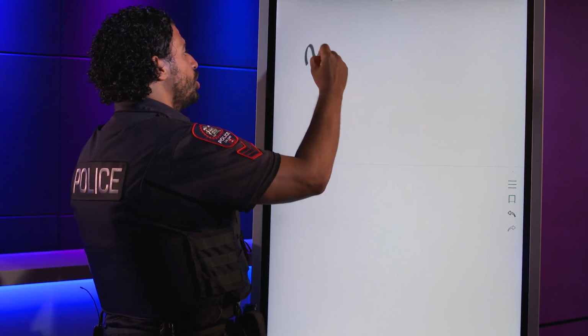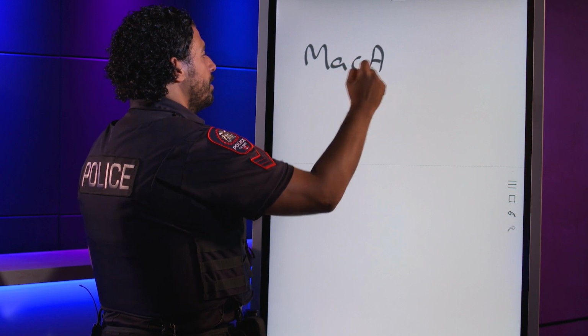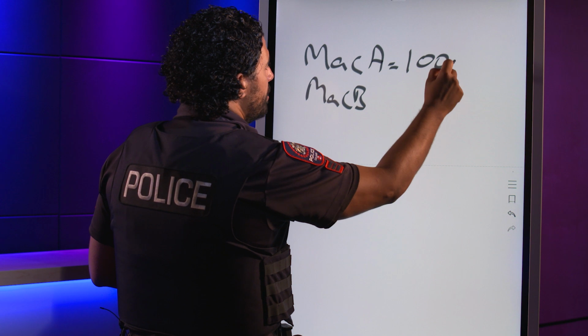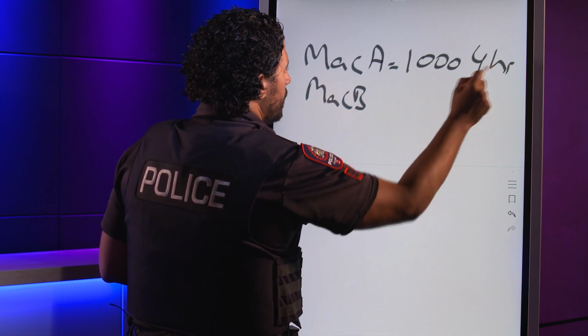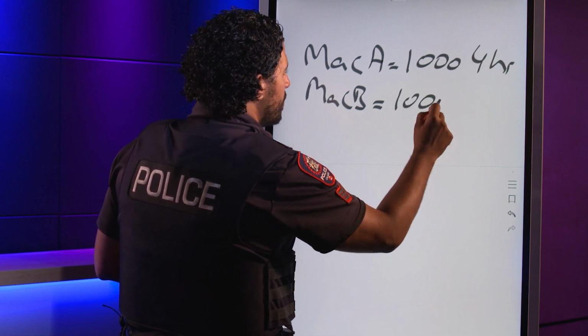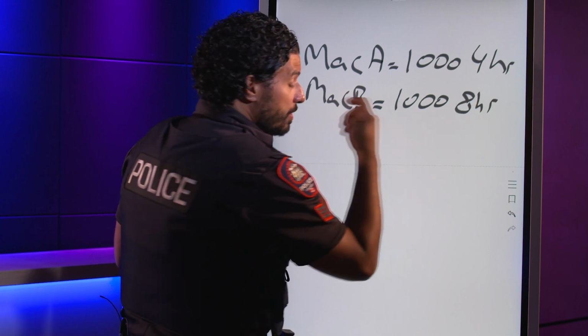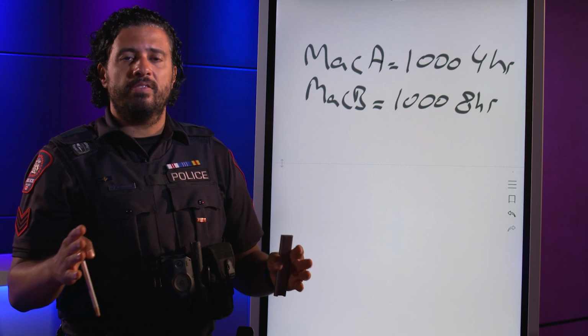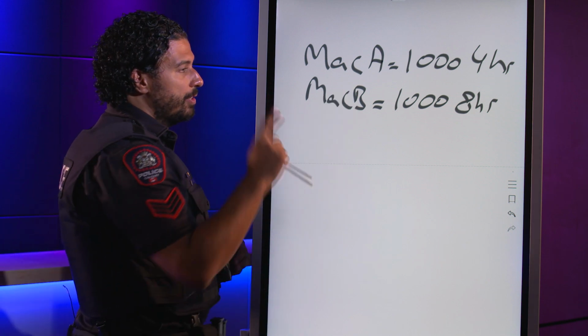So we have machine A and machine B. Machine A can produce 1,000 sausages in 4 hours, and machine B can produce 1,000 sausages in 8 hours. What I'd like to do, and again, math is one of those things that you could do in many different ways, but what I'd like to do is bring both of these down to 1 hour.